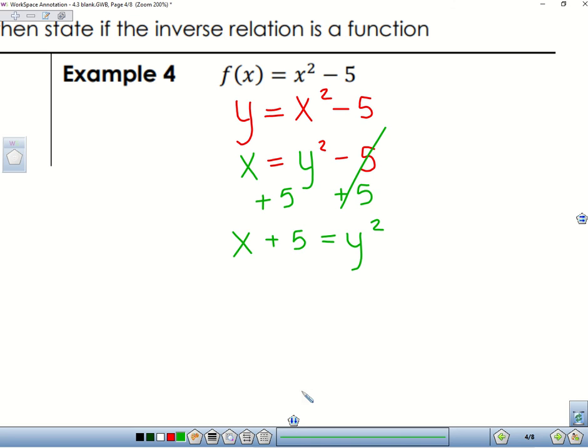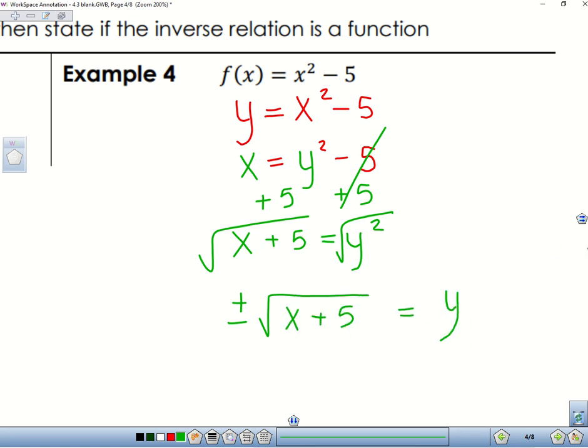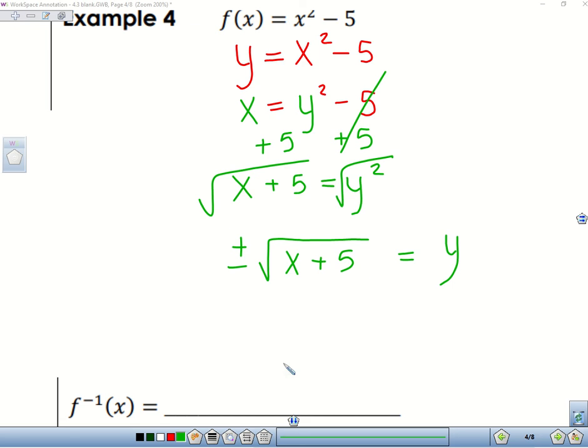Now in this case, y squared, we have to take the what of both sides? Square root, good job. So this becomes plus or minus square root of x plus 5 is equal to the inverse y. So your inverse is plus or minus square root of x plus 5.